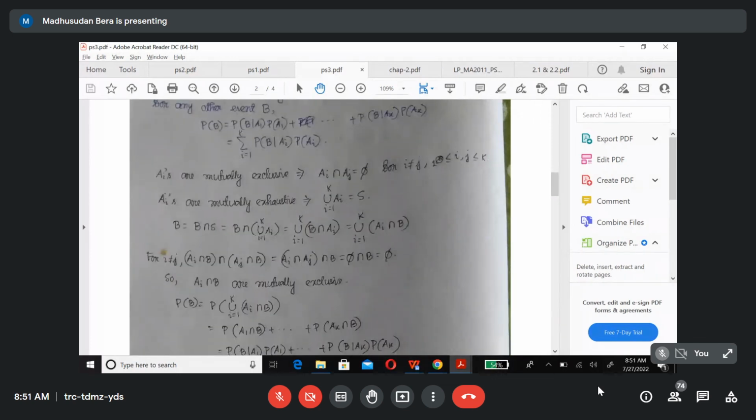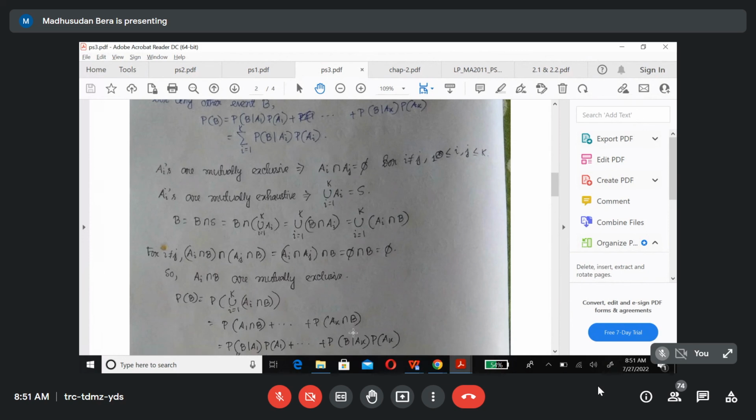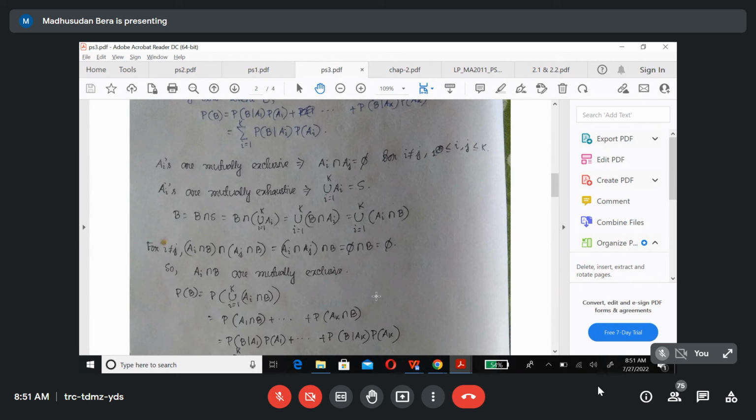By axiom 3, P of B is P of A1 intersection B, and so on up to P of AK intersection B. Up to this line it is okay?